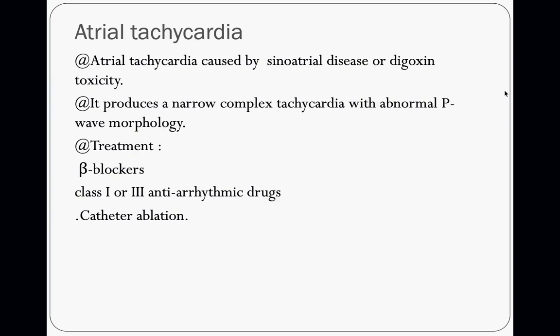Atrial tachycardia can also occur as a result of digoxin toxicity, producing narrow complex tachycardia with abnormal P wave morphology. Treatment is rate control with beta blocker, class 1 or 3 anti-arrhythmic drugs. And if not controlled by medication, we resort to catheter EPS, electrophysiological study, and catheter ablation.